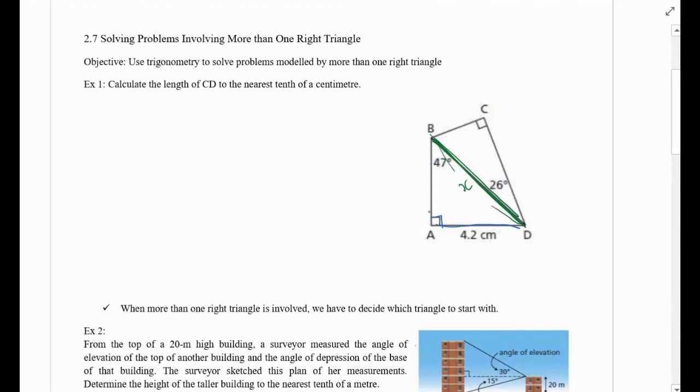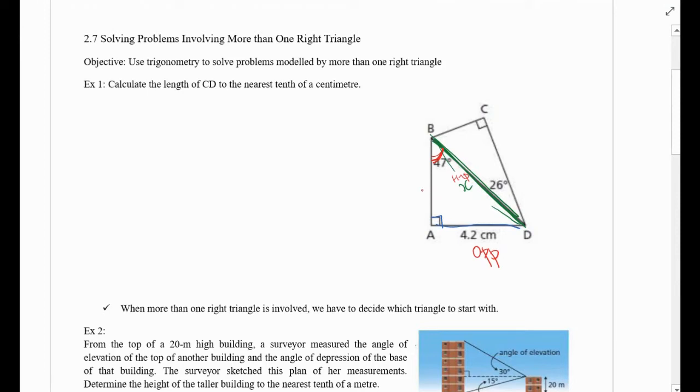Okay, so the given angle is 47 degrees. We're going to label everything. This is the opposite, X is hypotenuse, and this is adjacent. But we'll be using opposite as a given, and we will be finding hypotenuse, so we don't really need adjacent.